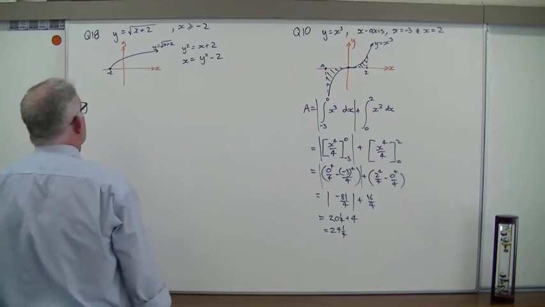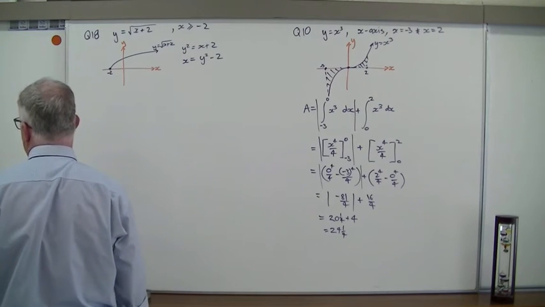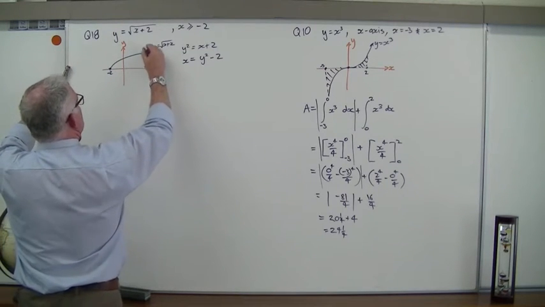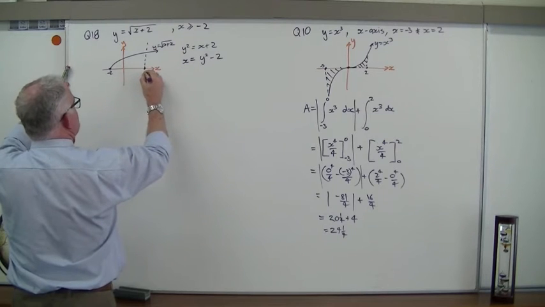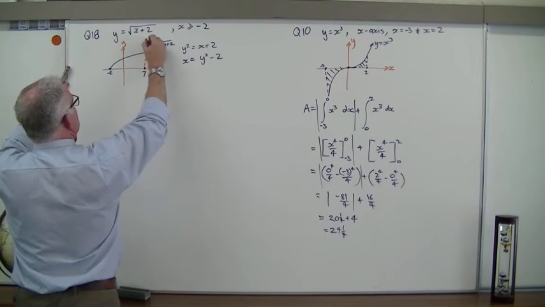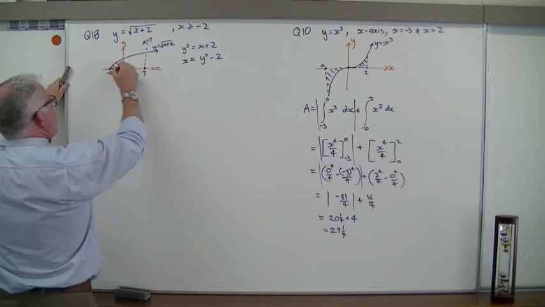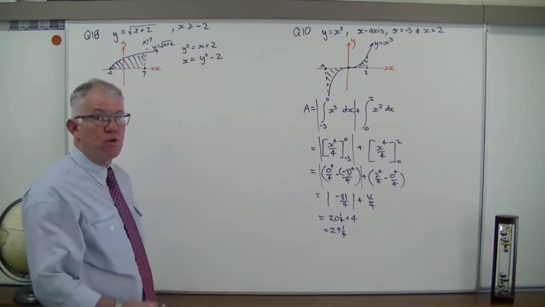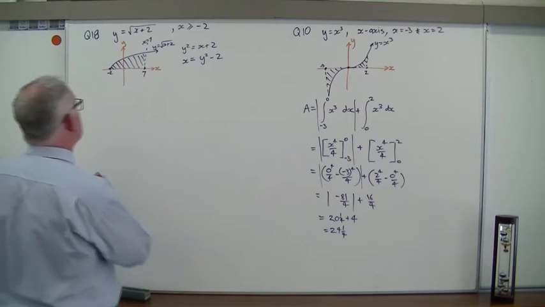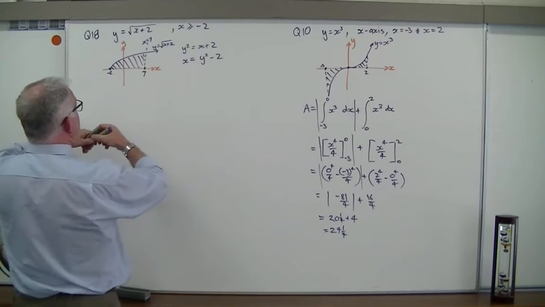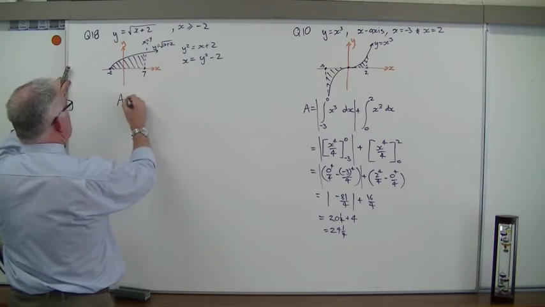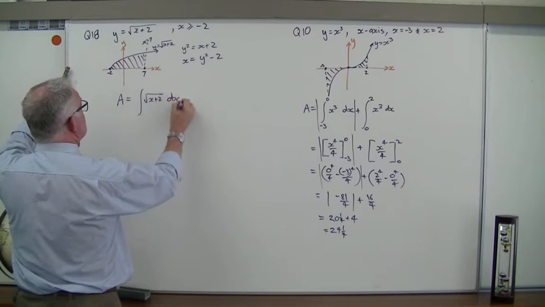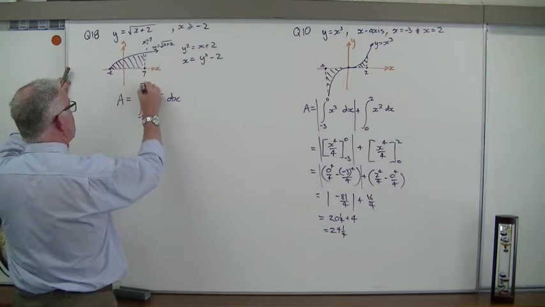The other boundary that we've got for this particular function is the line at x equals 7. So we want all the area all the way up to there. It's like the leading edge of a foil, or of a wing. So the area will equal the integral of the square root of x plus 2 dx from minus 2 up to 7.